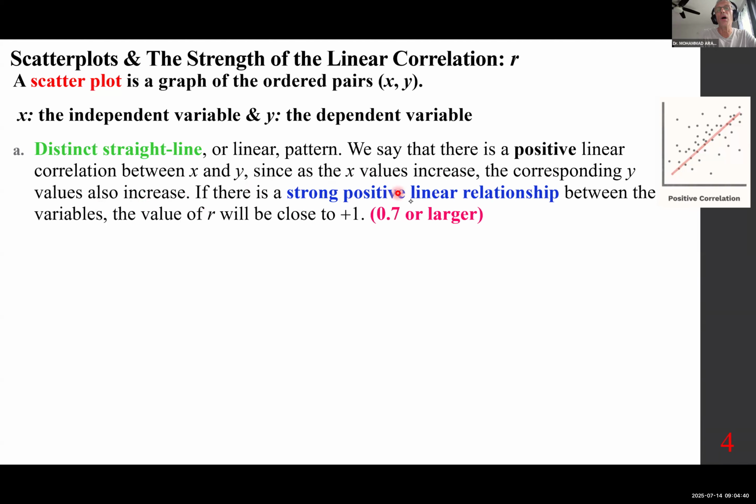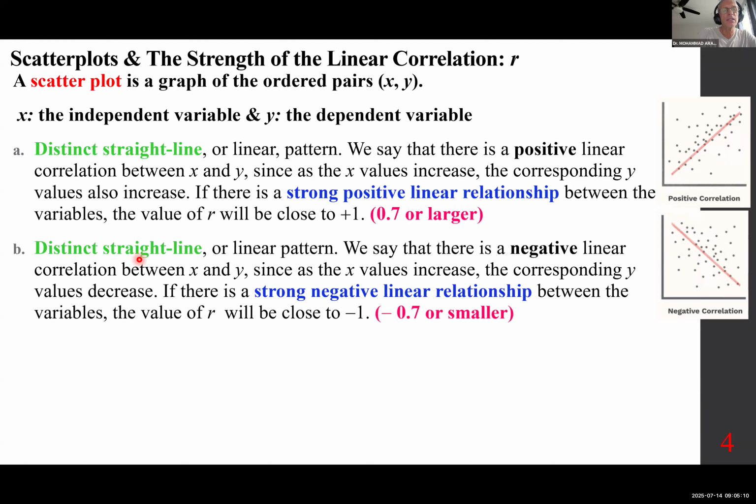If there is a strong positive linear relationship between the variables, the value of R will be close to positive 1, such as 0.7 or larger. Take a look at this one. What happens here? Again, a bunch of points. You plot those pairs. There seems to be a correlation, a distinct straight line or linear pattern.